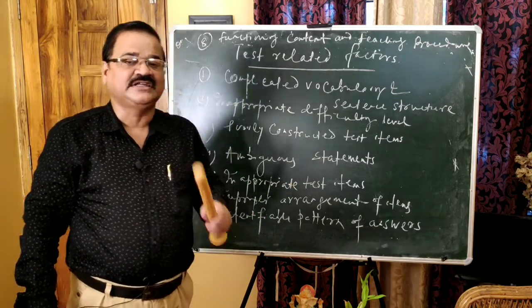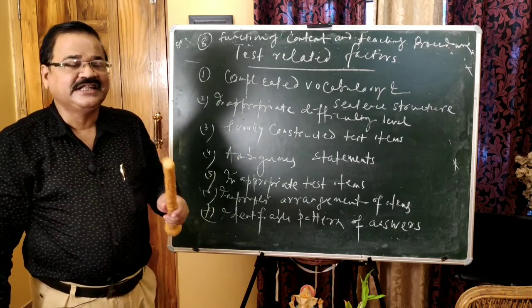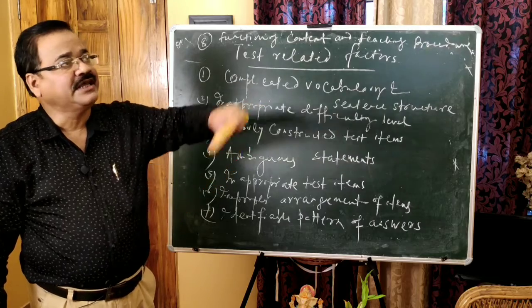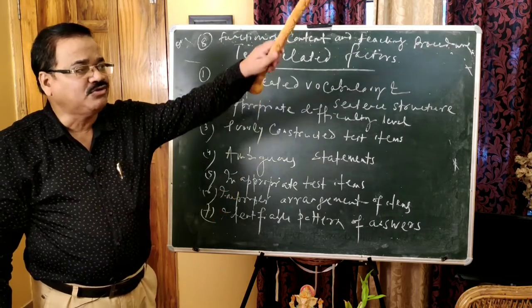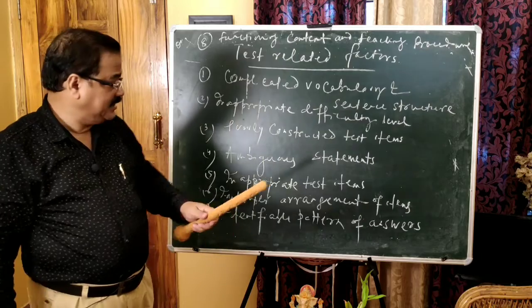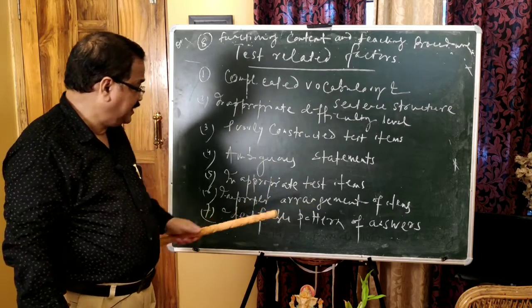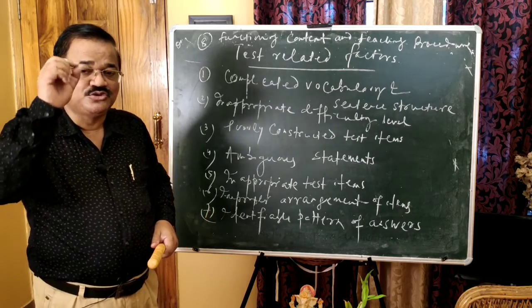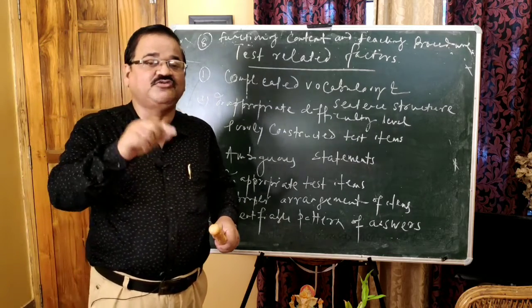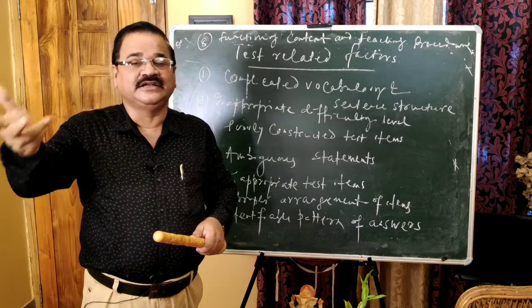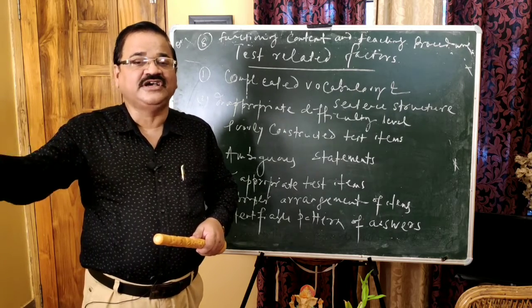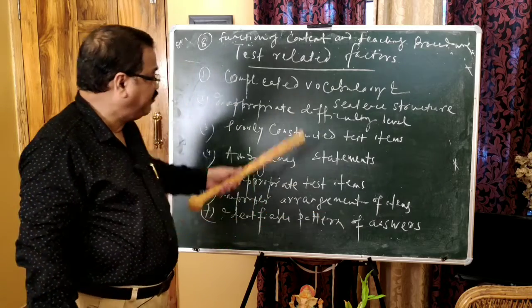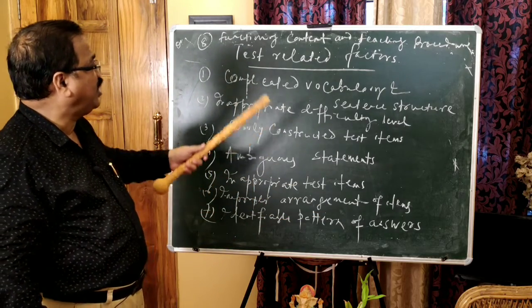When test makers are preparing questions, they should place the easy items first and then the difficult ones. In order of difficulty, the questions should be arranged. That is improper arrangement and identifiable pattern, as I told you, that there should not be a fixed response. If in question 1 A is correct, then in question 2 C or D, you make some variations. These are the different aspects which must be taken into account.